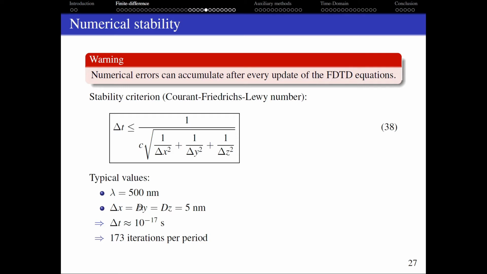Computations, if they go above 10 million iterations, that's already way over what I usually do. So if you wanted to compute very, very long times, this constraint would be a bit too strong for what we want to do.